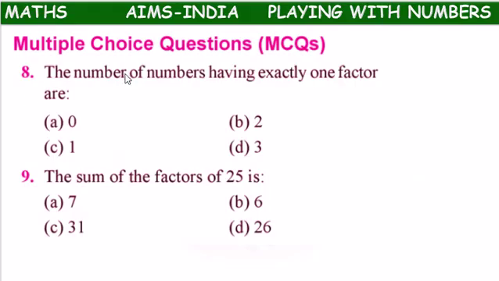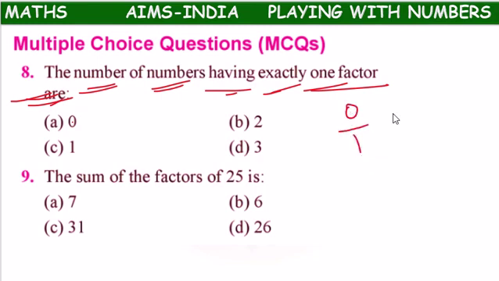Next, multiple choice questions. Number having exactly only one factor, because 0 can be divided by any number. 0 can be divided by 1, 2, 3, so it can have many factors.